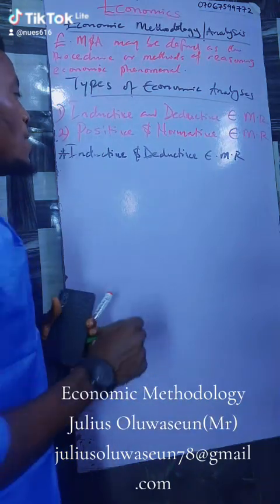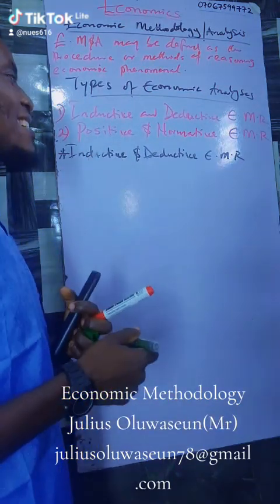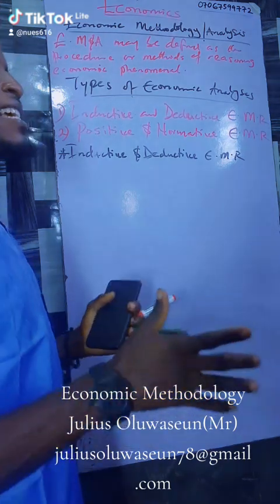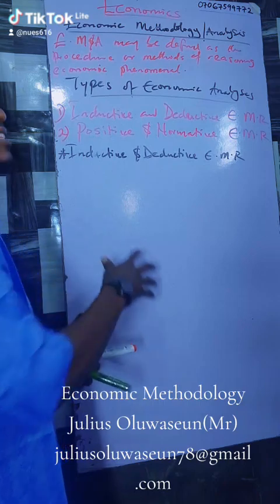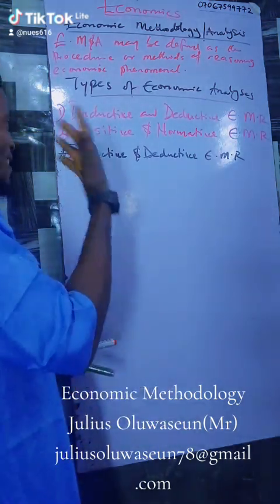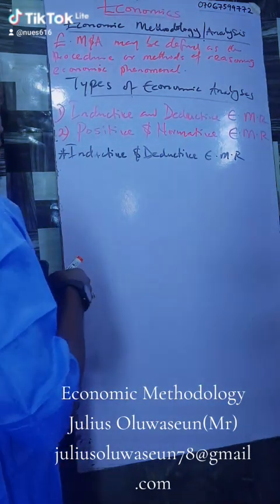Am I communicating? Now, going by number 1, which is inductive and deductive method of economic reasoning, you see these two are theoretical analysis. They are reasoning in theoretical economics. Am I communicating? Now let me take it up from number 1.